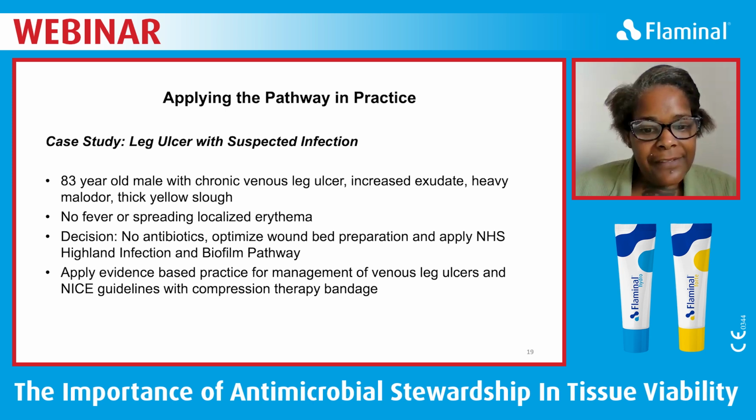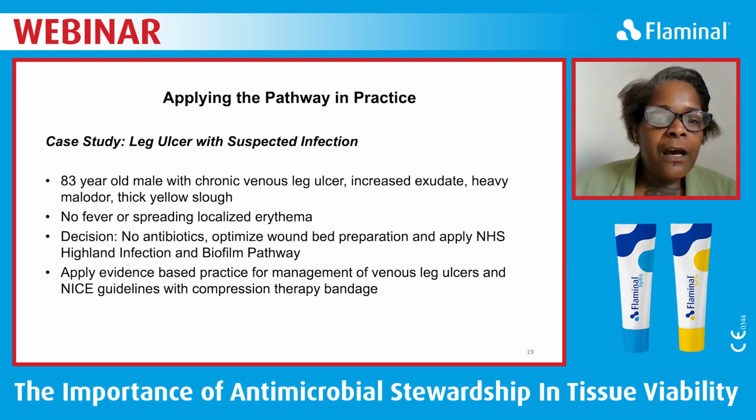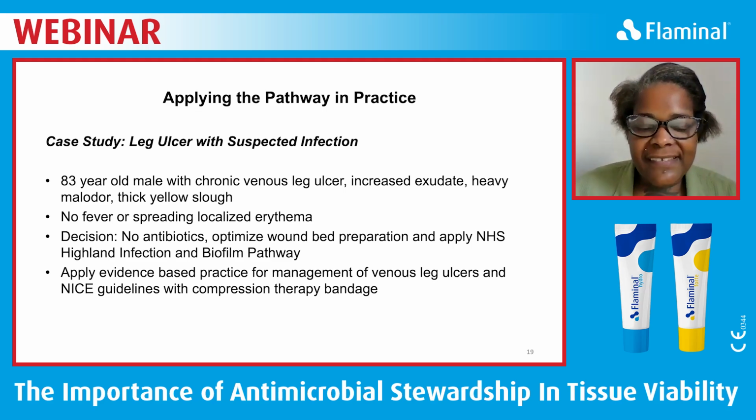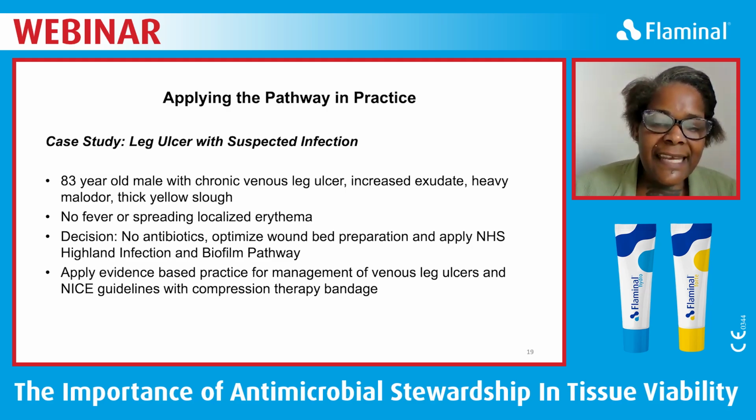We will now apply this risk stratification of data in partnership with the infection and biofilm management pathway, using a case study of an 83-year-old male with a chronic venous leg ulcer that showed signs of increased exudate, heavy malodor, and thick yellow slough to that ulcer.